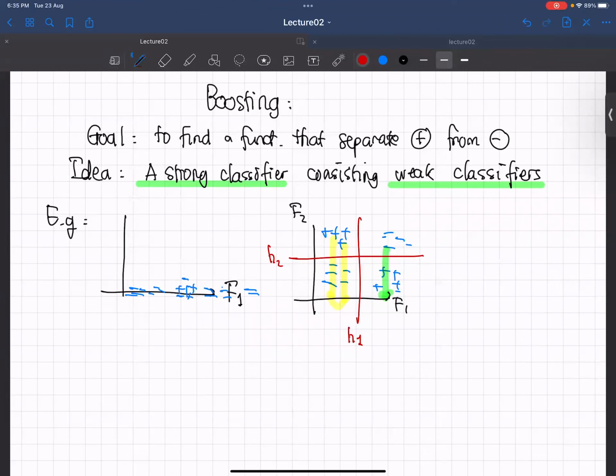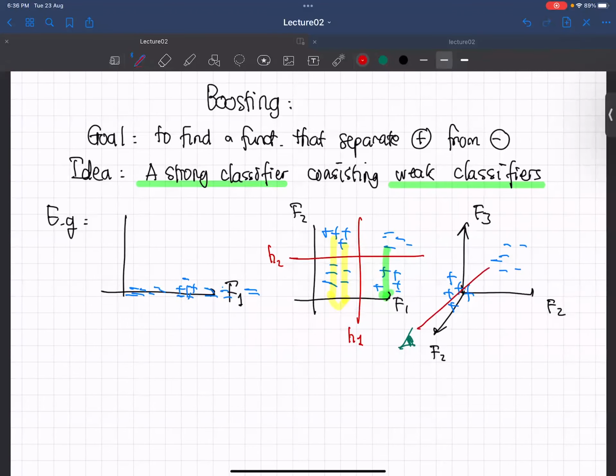In a three-dimensional space, for example, we have F1, F2, F3, then you can solve more complex problems. So in this case, the positive is here, the negative is there, for example. If you have the perspective from this view angle, if you put your eyes there and look at this distribution of the positive and the negative, they convolve each other.